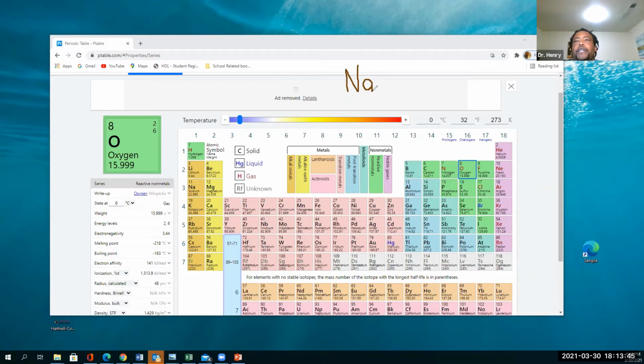So sodium. What is the electron configuration? 1s2... Oh, you're going to do it the hard way, huh? You're not going to use the shortcut? Just kidding.